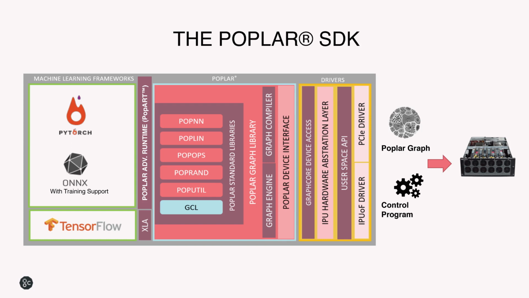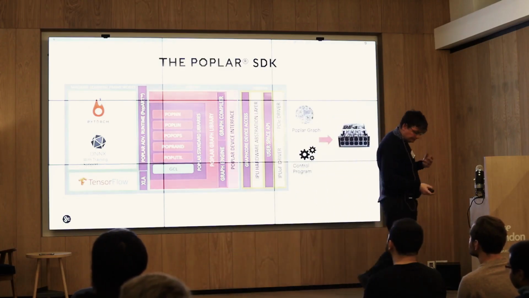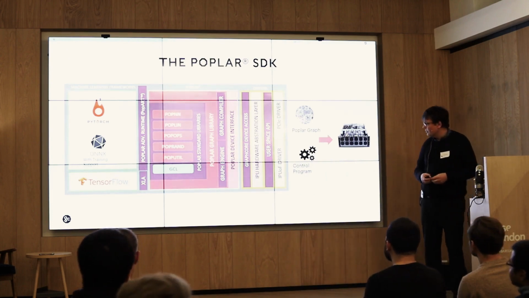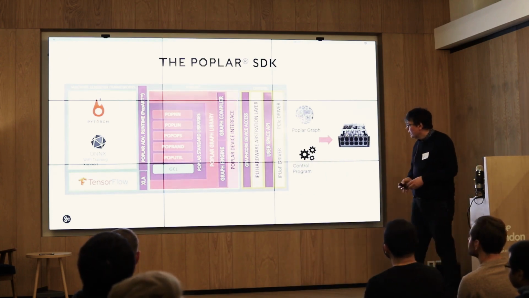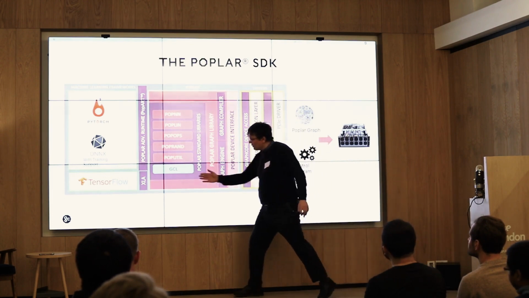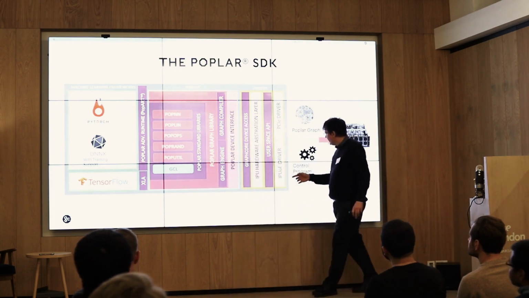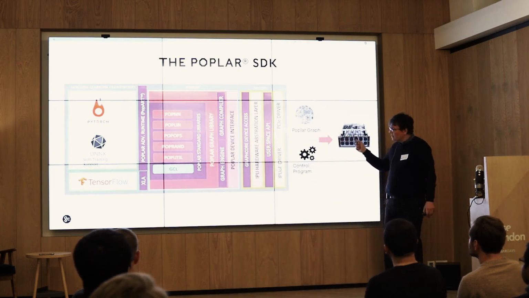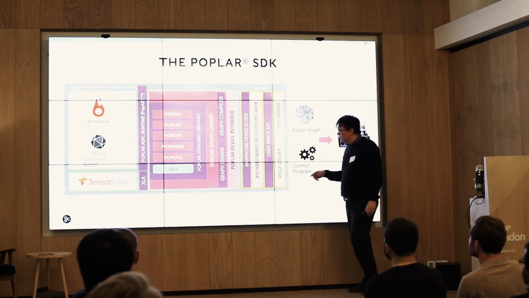So this is our software stack. Let's say we start up here with TensorFlow, and there are obviously other frameworks around: support for PyTorch, support for ONNX, which is a standard interchange format for neural networks. Then you have a lot of work to get down to the actual hardware. When people use our platform, we want to open this up.